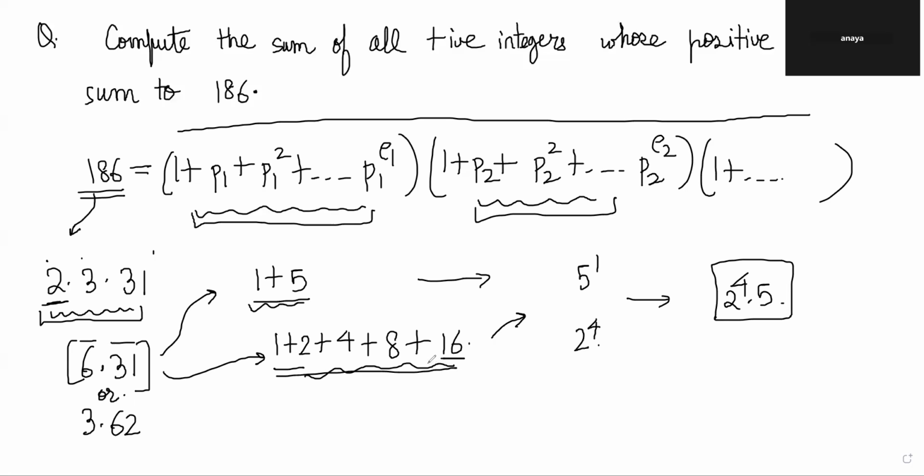Do you understand what is happening? Yes. What is the other number? So 3 is obviously 1 plus 2. So 3 is going to be 1 plus 2. And then 62.